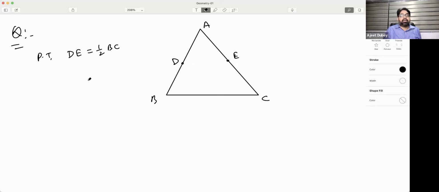Sir, it is the midpoint theorem. Yeah, but suppose, for example, I don't know the theorem. I forgot everything in geometry. Concentrate, everybody. I'm just explaining to you. I have to prove that DE equals half BC and DE is parallel to BC.